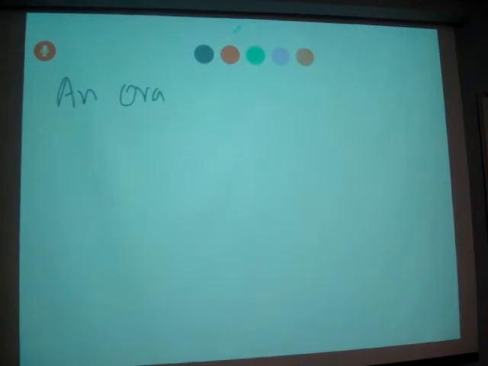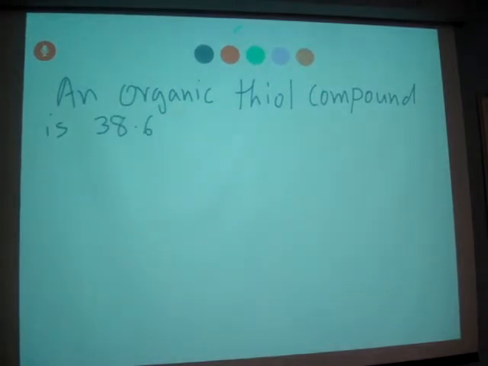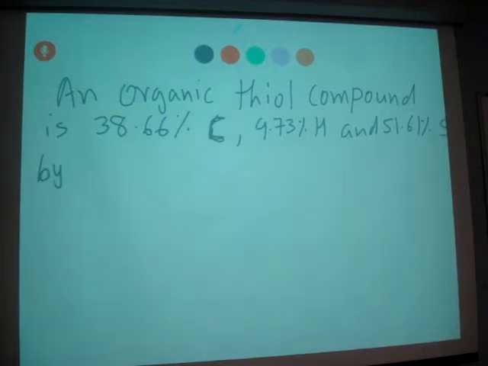An organic thiol compound is 38.66% carbon, 9.73% hydrogen, and 51.61% sulfur by mass.